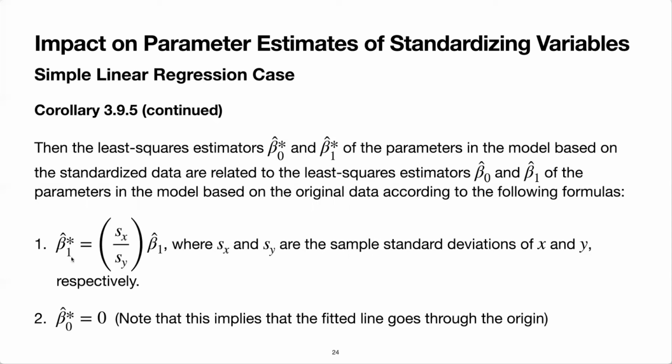Beta 1 star hat is equal to the ratio of the standard deviation of the x's to the standard deviation of the y's times beta 1 hat, and beta 0 star hat is equal to 0. What this implies then is that for the standardized data, the fitted line is going to go through the origin.